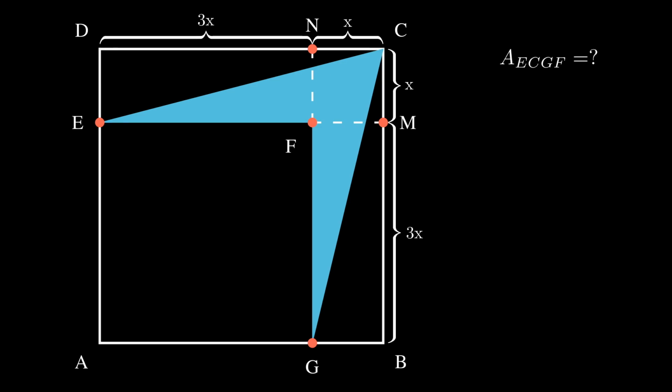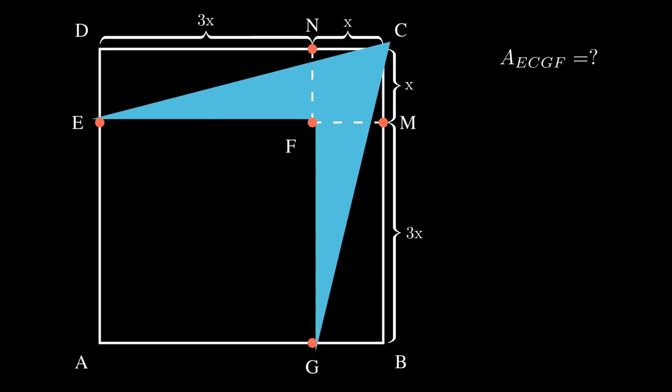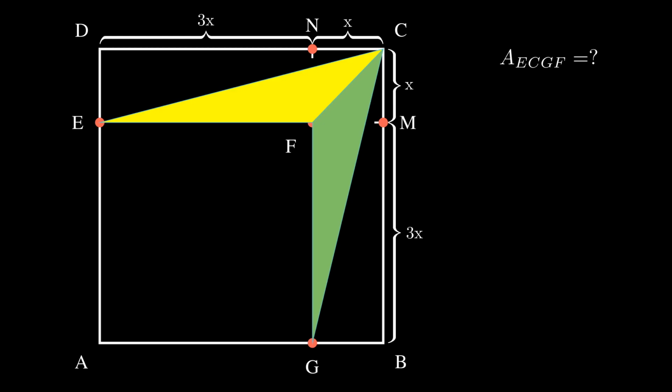As the nerves are tense and the time is scarce during a contest, you might try and go by the first instinct to calculate the blue area as the sum of the triangles ECF and CFG. While that's totally possible, it gets tricky since these aren't right-angled triangles.